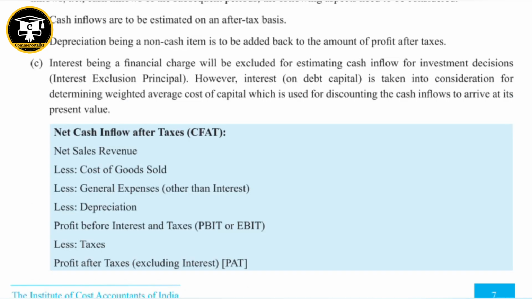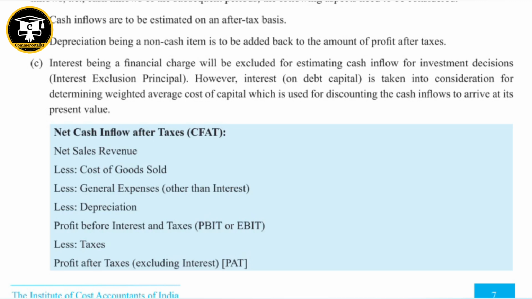Now we are moving on to the second concept, that is subsequent cash flow. Initial cash flow occurs only at the initial period, but whatever cash flows occur in later periods are known as subsequent cash flows. It is also known as operating cash flow, and here we are estimating cash inflows after tax, and we will add the depreciation and deduct interest.